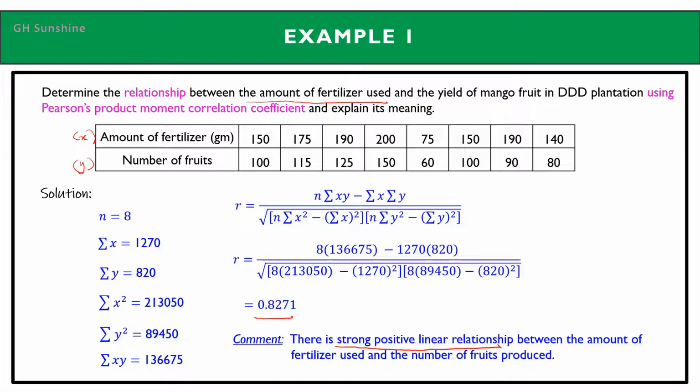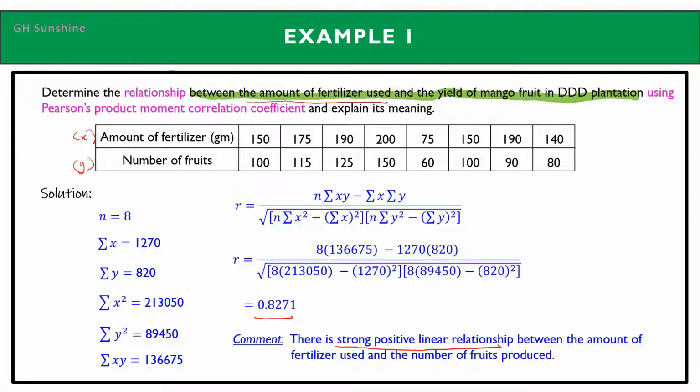Or you can use this statement: there exists a strong positive linear relationship between the amount of fertilizer used and the yield of mango fruit in GGG plantation.